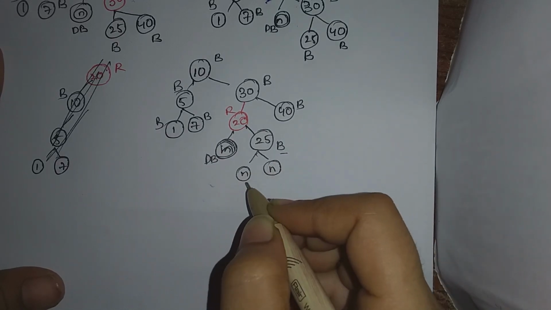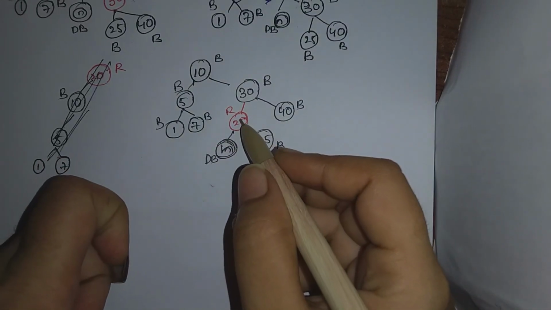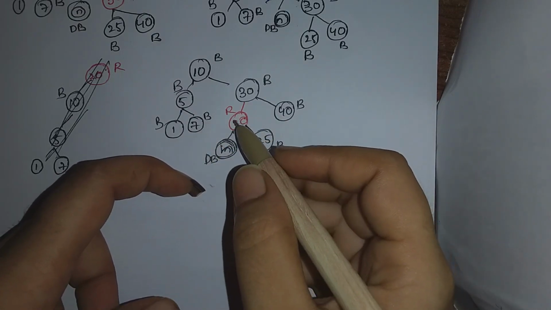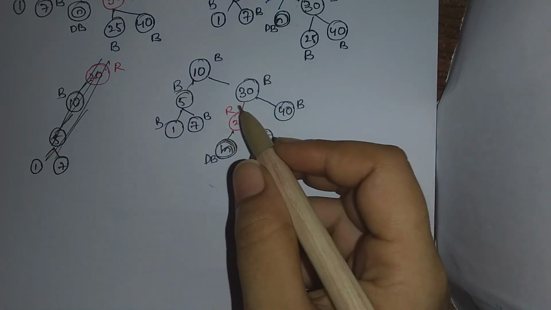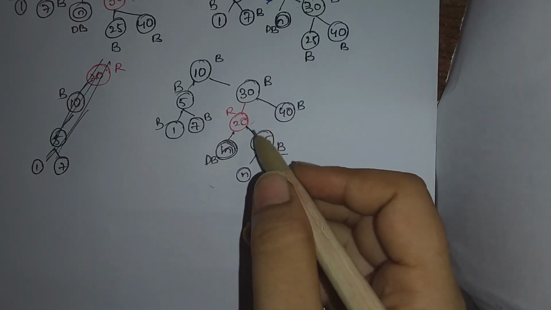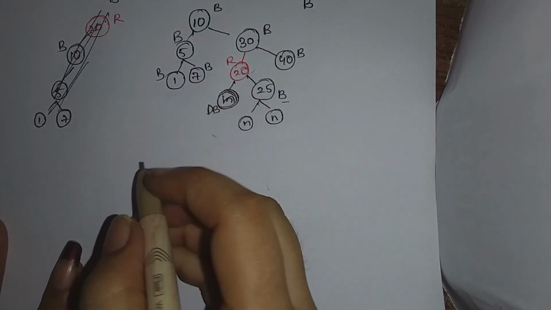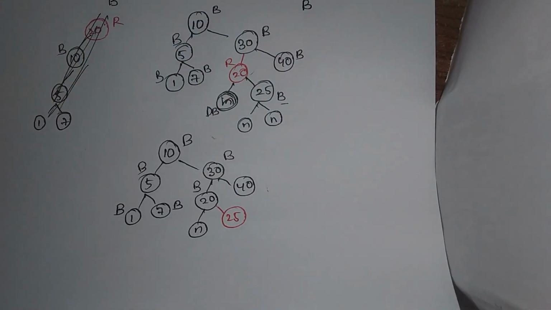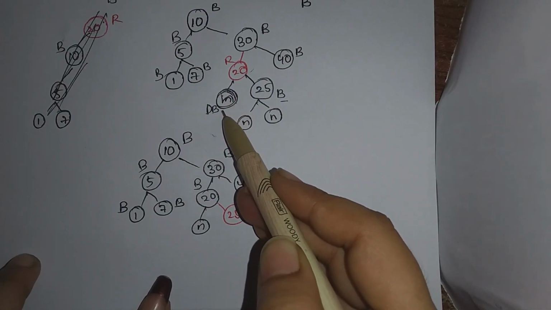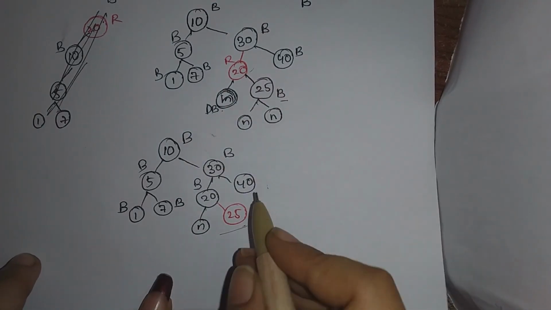Then DB's color is given to the parent, and the parent, which is red in color, changes to black, and the DB's sibling will get angry and changes into red color. Now this is the diagram. So here the double black changes into single black, then we can directly delete it as it is a single black.